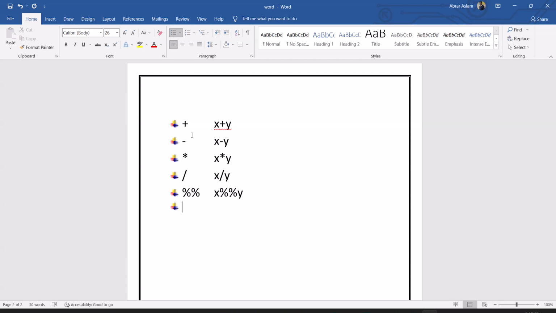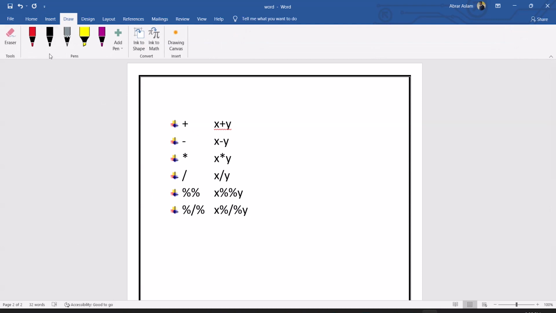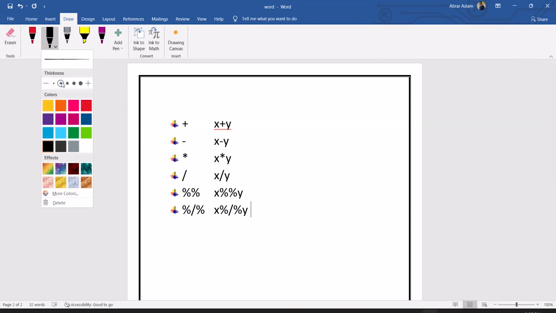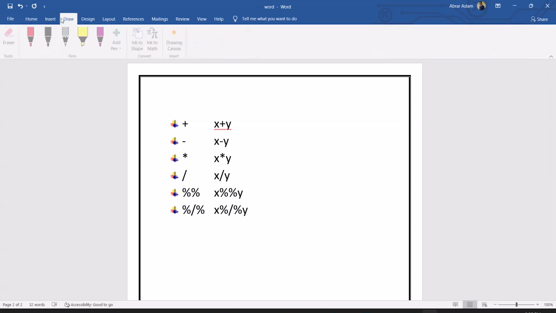We have another operator for the quotient, and that is percentage sign, division sign, and again the percentage sign. We can use it to find the quotient when x is divided by y, so x %/% y. I hope you are familiar with these two operators.